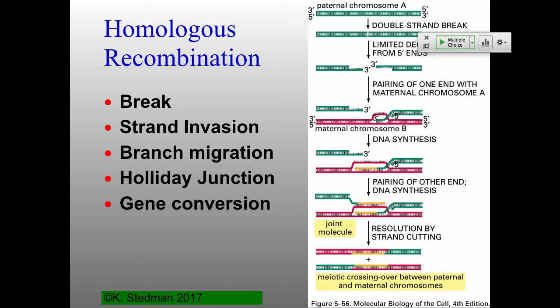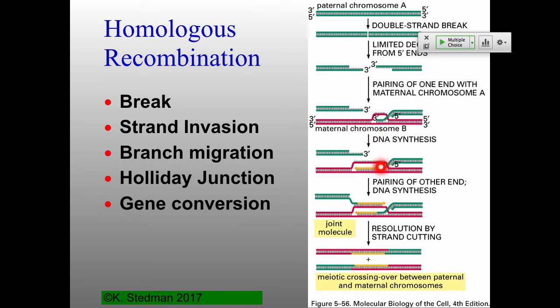So here we have our double-stranded, let's get this to talk to each other. Here we are. Double-stranded break. You have a 5' to 3' exonuclease activity generating a single strand here, undergoes strand invasion, makes a D-loop.